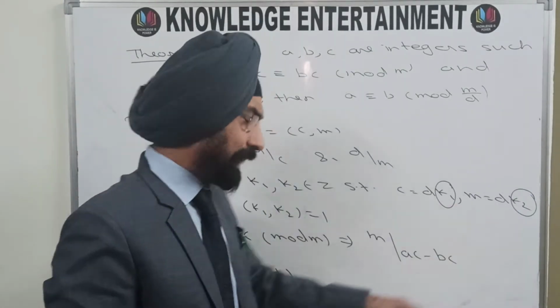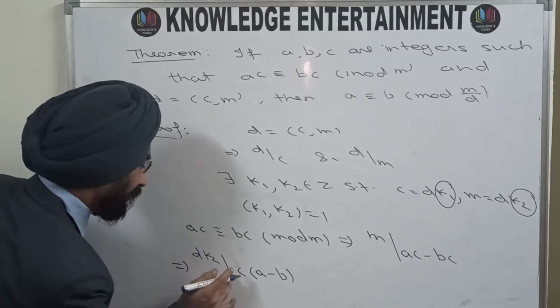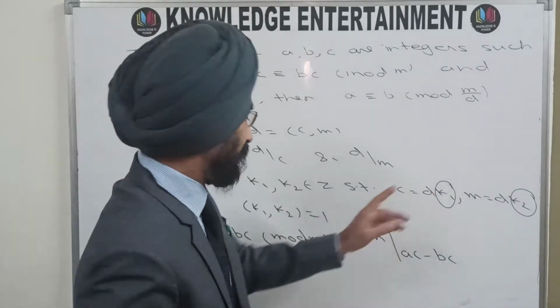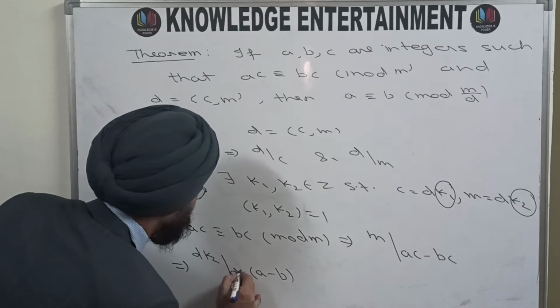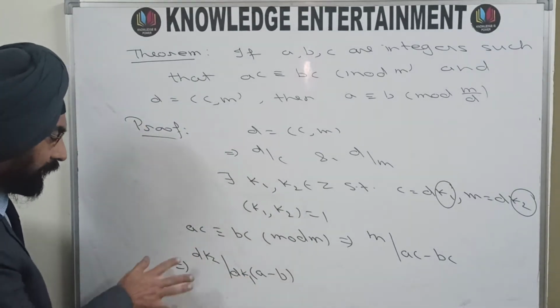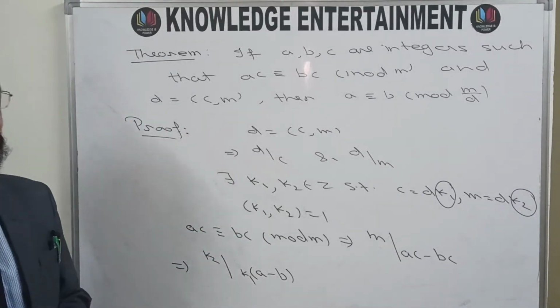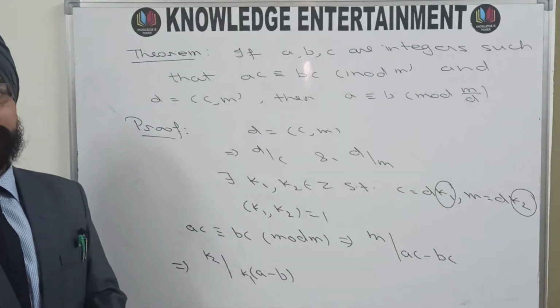Your M is dk2, so you can put here dk2, and your C is dk1. Now D is common, so D can be deleted from here as well. So K2 divides K1 times A minus B.